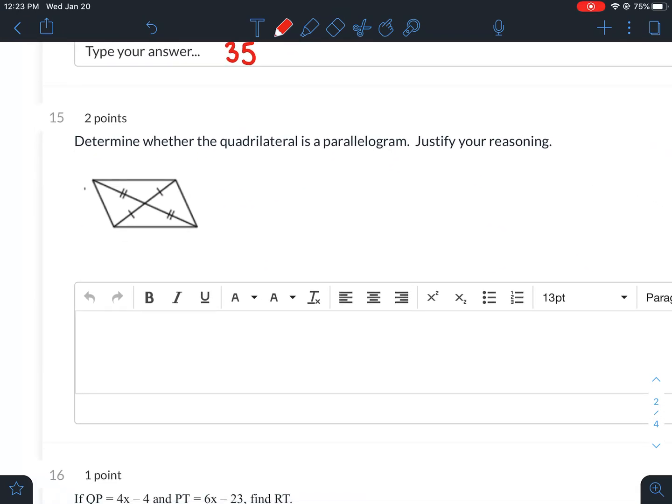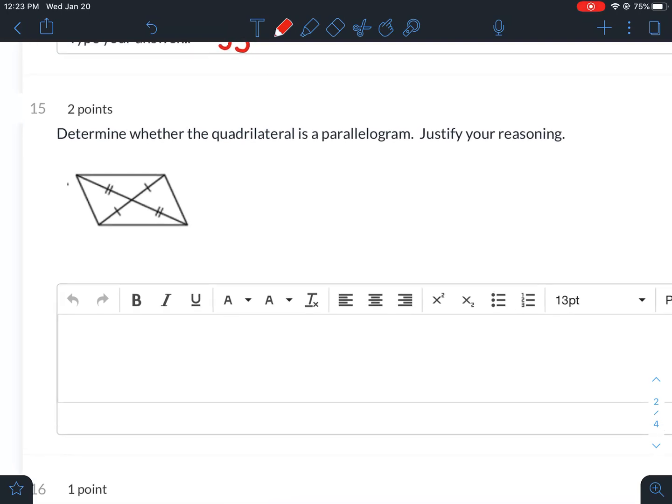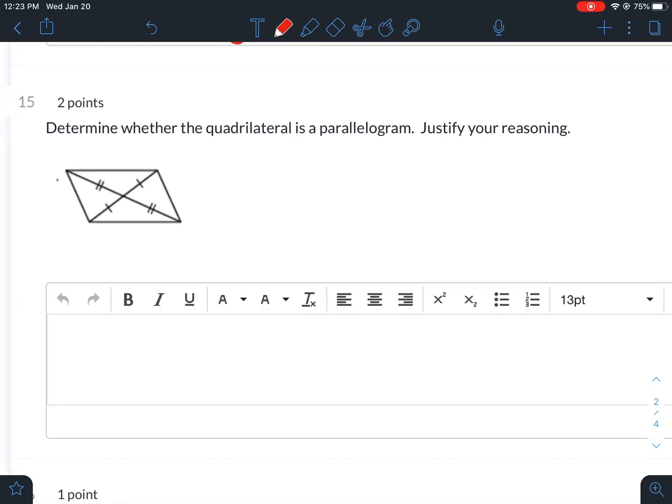We're going to determine if this is a parallelogram. One thing that I would highly recommend that you use is that diagram or family tree that we had talked about on the back of your notes. For a quadrilateral to be a parallelogram, it's got to hit some of those requirements in that box.